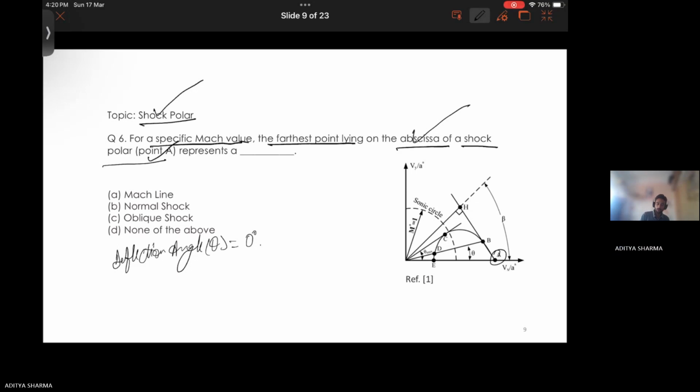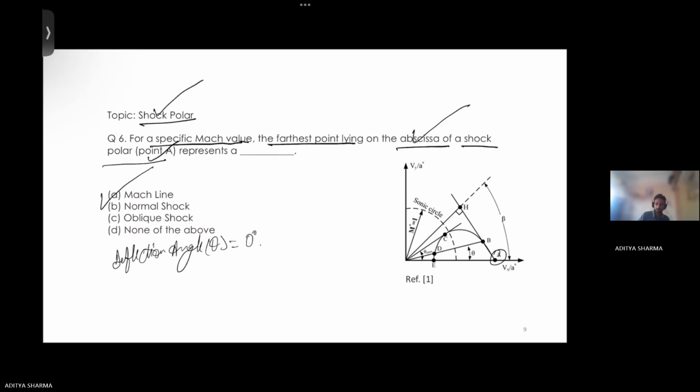So the options we have are: A is Mach line, B is normal shock, C is oblique shock, and D is none of the above. So clearly we have an answer, right? Option A is correct. Now let's first of all see the answer. The answer is A, and then we'll move on to our next question.